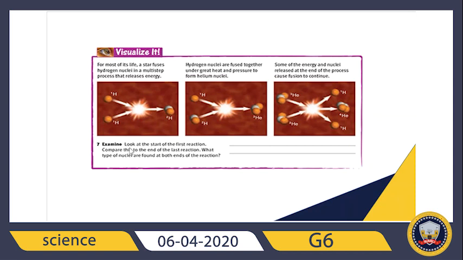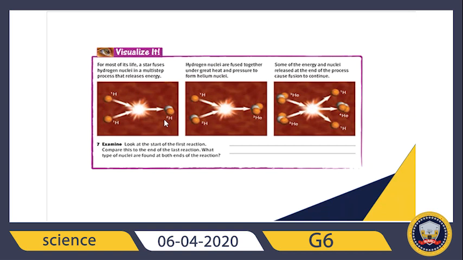So guys, the question here: look at the start of the first reaction in this photo, and compare it to the end of the last reaction. What type of nuclei are found at both ends of the reaction? In this image we have 2 hydrogen nuclei, each containing 1 proton, and on the other side we have a hydrogen atom that contains 2 protons.